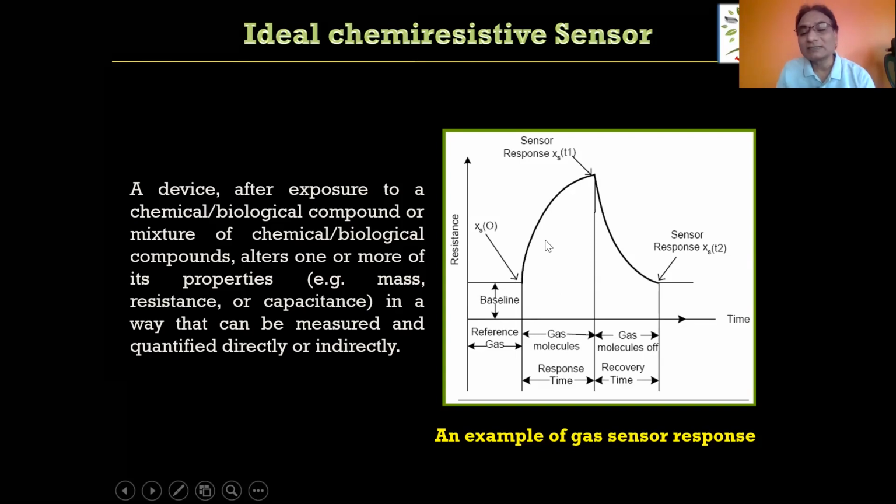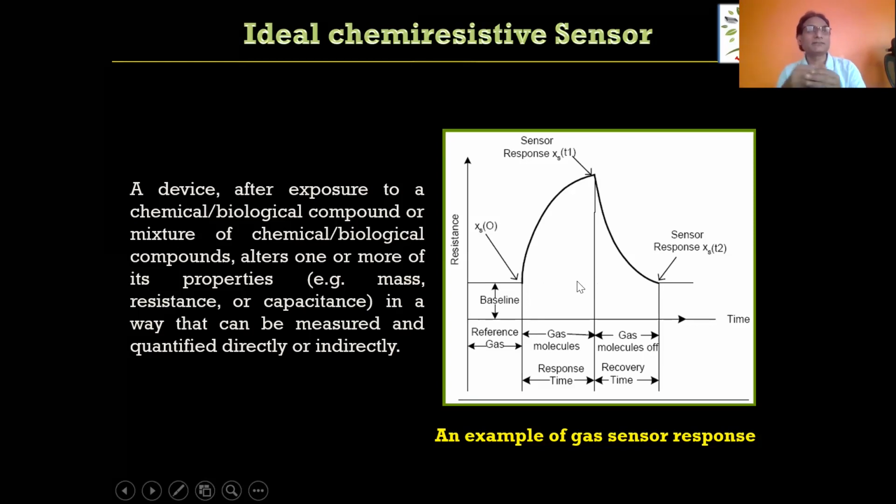These are two important sensor characteristics: response time and recovery time. They should be as small as possible. Whenever you have very small response time and very small recovery time, that sensor material is going to be good.